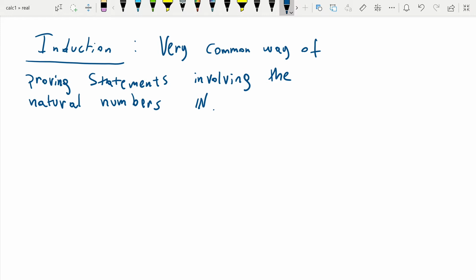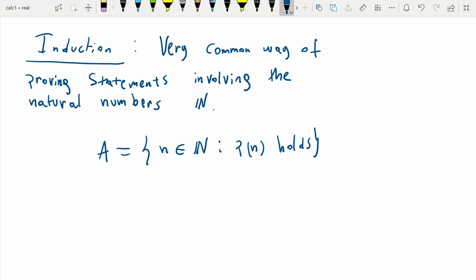So we are given a set A, defined as the set of n in N, the natural numbers, such that a given proposition P of n holds.